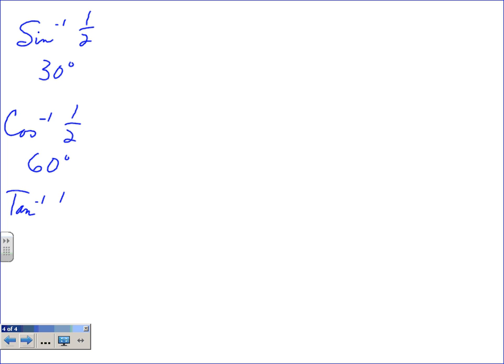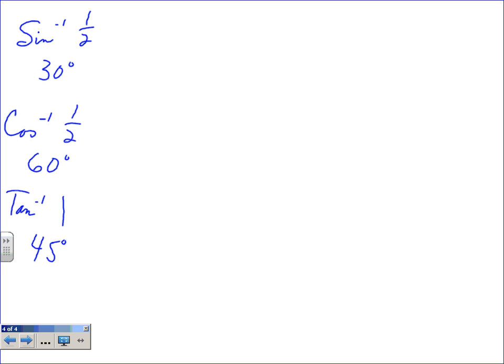Tangent inverse of 1/2 is what? Couldn't be 1/2, could it? How about 1? 45 degrees. So if you're just in that first quadrant, they're all going to be special angles. Easy enough. If it's capitalized, we just want first quadrant if it's positive.